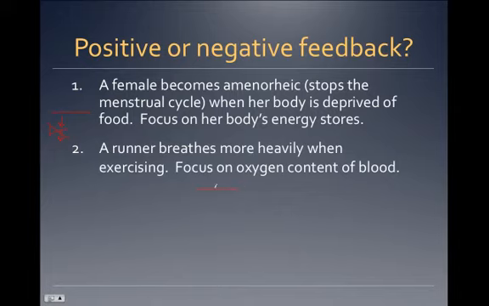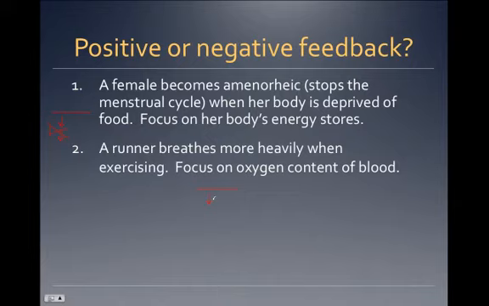And as that runner is contracting those leg muscles, those muscle cells themselves are going to require oxygen, so they're going to take up more oxygen. As they do, our blood oxygen levels are going to drop as that oxygen is moved to feed those muscle cells.